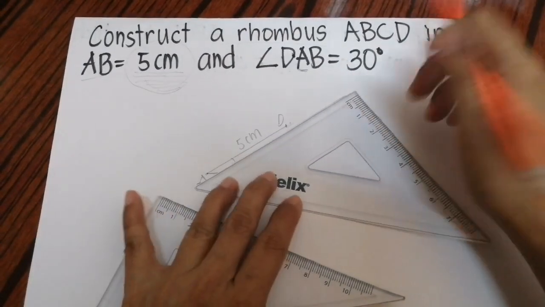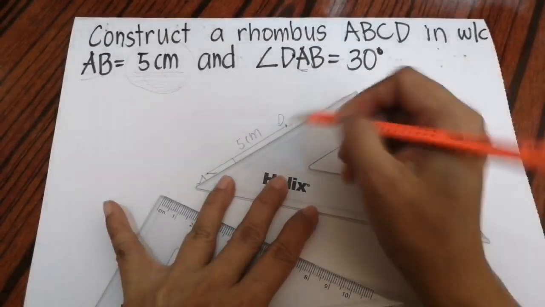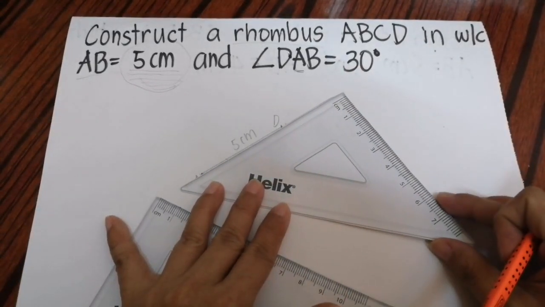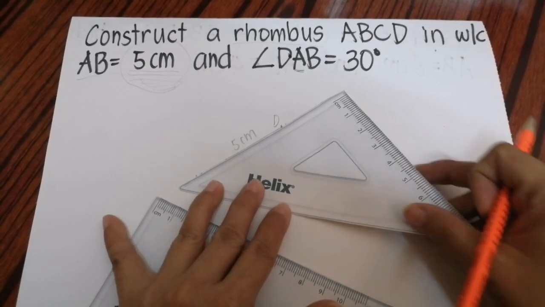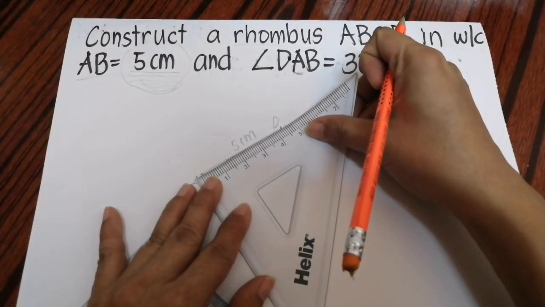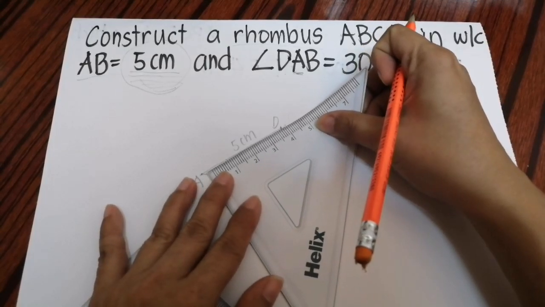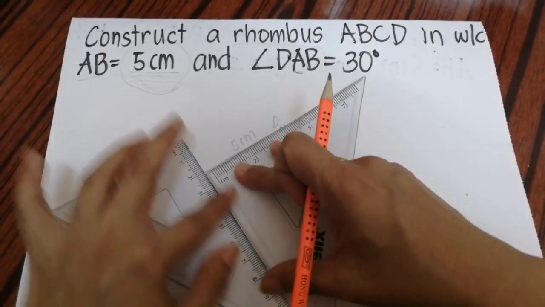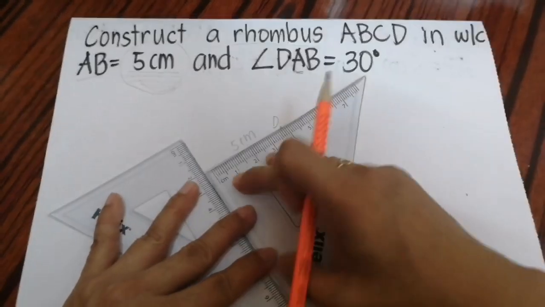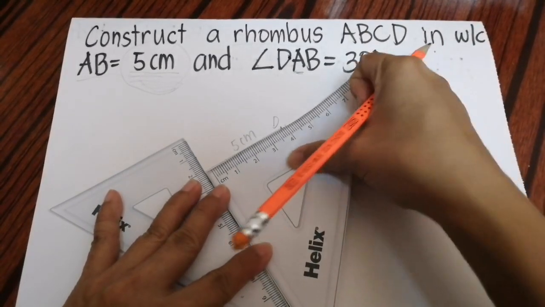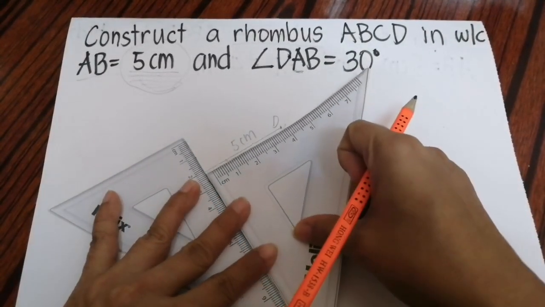So first, align the straight edge of one square or one triangle on line AD. Okay, we'll be using this position. And then align the straight edge of your ruler or other set square and just slide it downwards to create parallel lines.